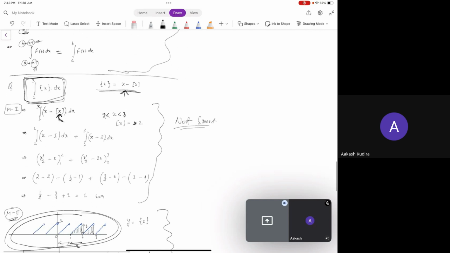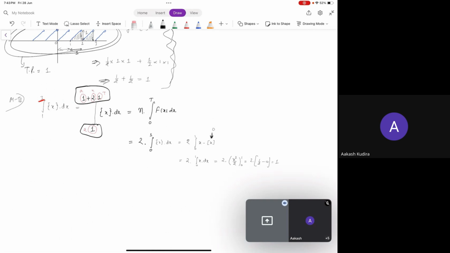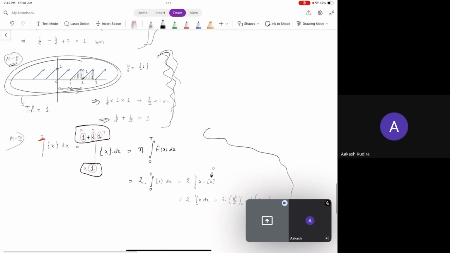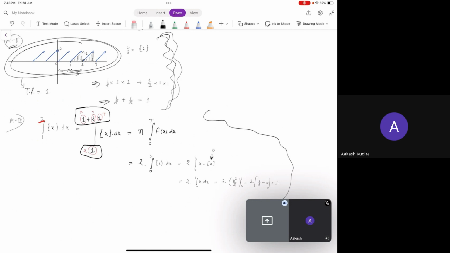Doubt? See here, only one question, but in 3 different kinds of methods. Method 1 is very simple, 2 is the graphical method, and 3 is the property. Now you will say, sir, method 3 is lengthy compared to the graphical method. I know graphical is the short method, but many times this property method is very good.